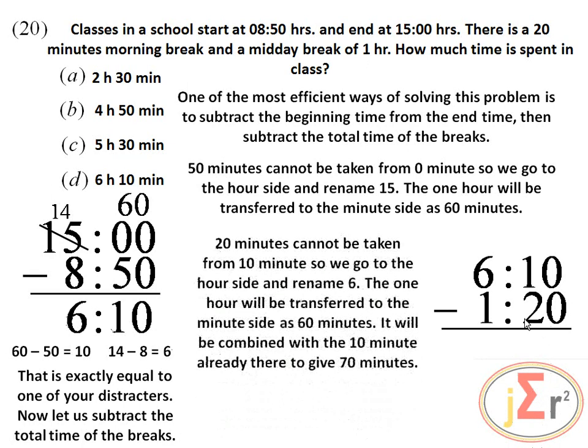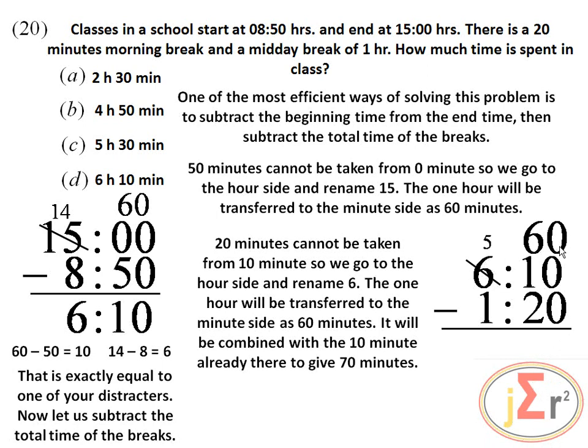We are going to say 20 minutes to be subtracted from 10, and that is not possible. So we go to the hour side and rename 6. The 1 hour will be transferred again to the minute side as 60 minutes. It will be combined with the 10 minutes already there to give 70 minutes. So we have 10 minutes there already. So renaming, we have 5 hours left, and the 1 hour to this side will be 60 minutes.